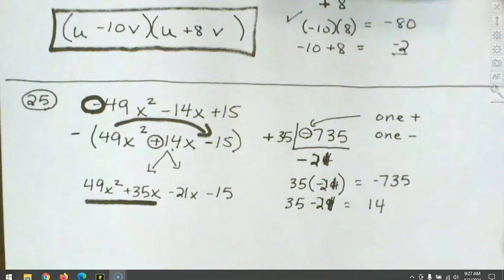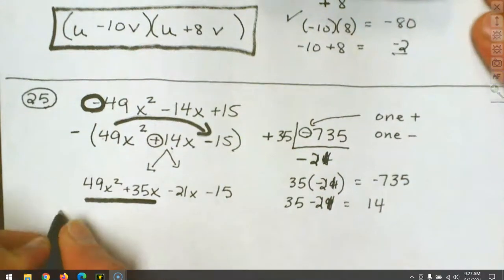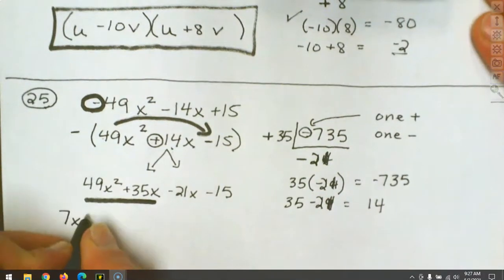49 and 35. Well, 49 is a perfect square of 7. So our only choices are 7 and 7 or 49 and 1. Well, 7 also goes into that 35, doesn't it? So I know I need to factor out a 7. They also have the variable x in common. So I'm going to factor out a 7x.